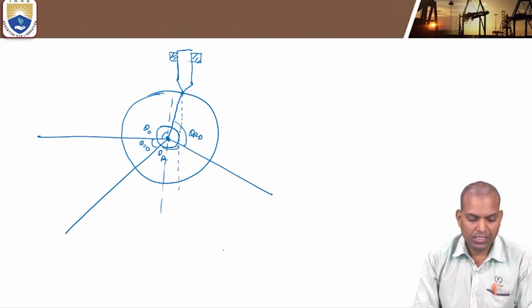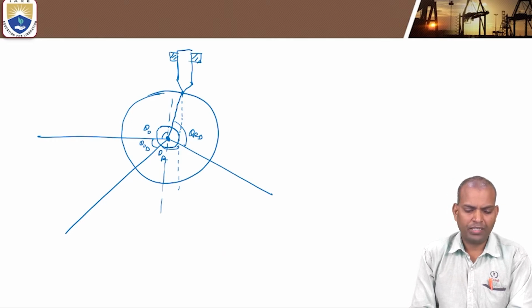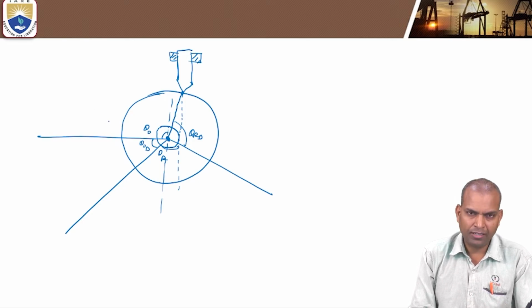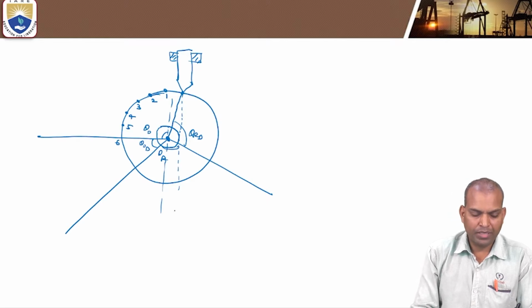Now, very important: divide the circumference of the base circle into 6 equal angular displacement divisions. Now this is 1, 2, 3, 4, 5, 6. Similarly, for theta return, that return stroke is also divided.